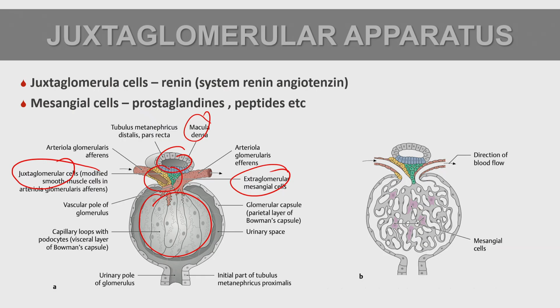Juxtaglomerular cells are modified muscles in the arteria glomerularis afferens, which is able to maintain the blood flow going into the rete mirabile. And those cells are important for secretion of renin, and the mesangial cells for prostaglandins, peptides, etc.